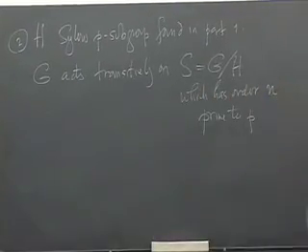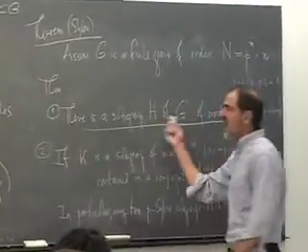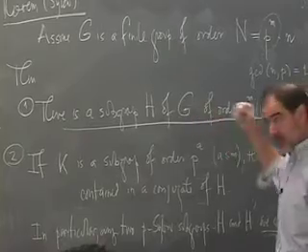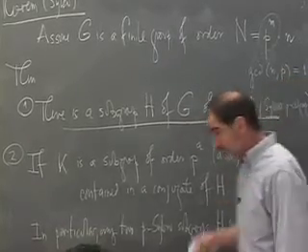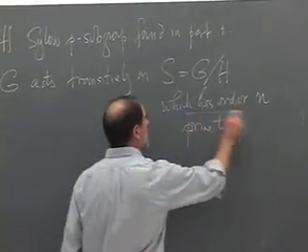So before I knew the existence of a Sylow p-subgroup, I had to work quite hard to find an action of the group on a set of order prime to p, on the set of all subsets of order p to the n. But here, I have a natural transitive action on a set of order prime to p.